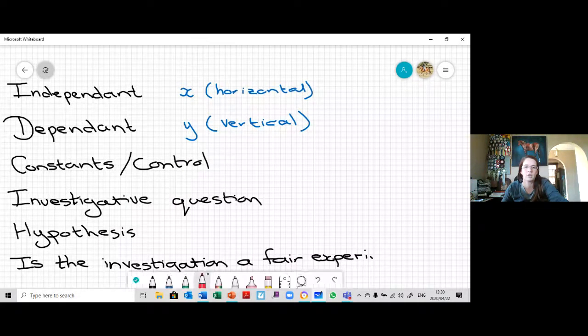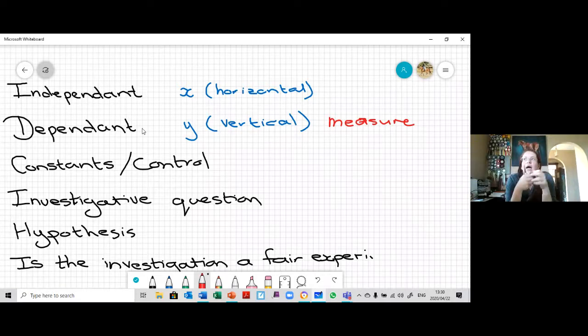Right, so the thing I measure is the dependent variable. If I'm doing a boiling point question, then I'm measuring the boiling point, so the boiling point will be the dependent variable.